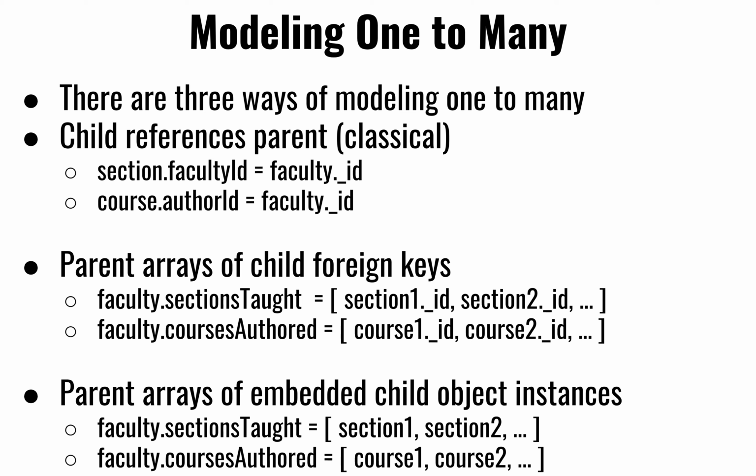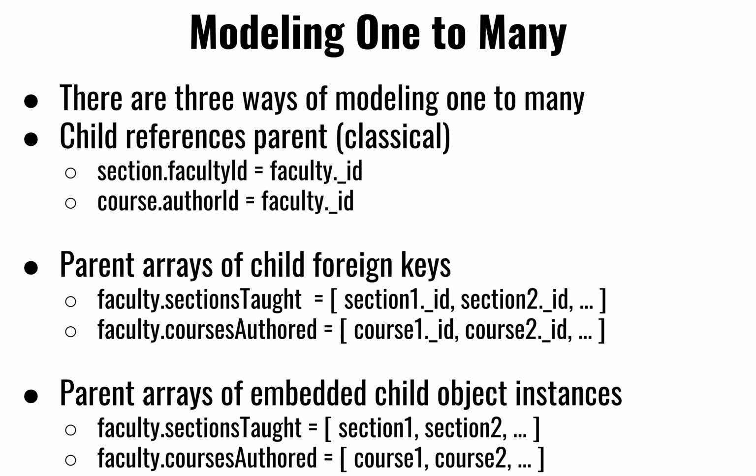But this representation here comes with a caveat, where sometimes it might make sense and sometimes it doesn't. In this particular case, it doesn't make sense to embed sections inside of the faculty. The reason is that sections typically are being referenced or useful to many folks. The students, the registrar's office.